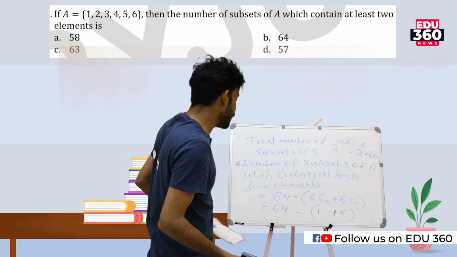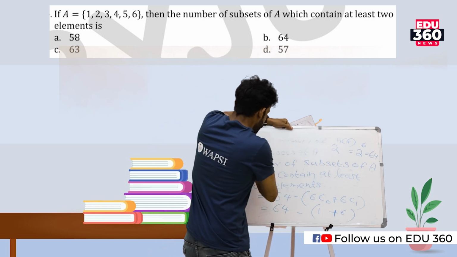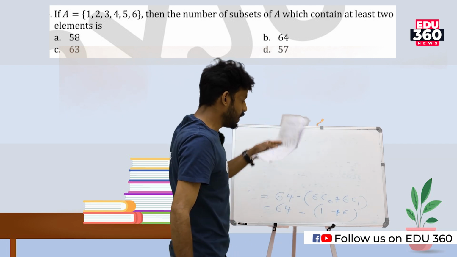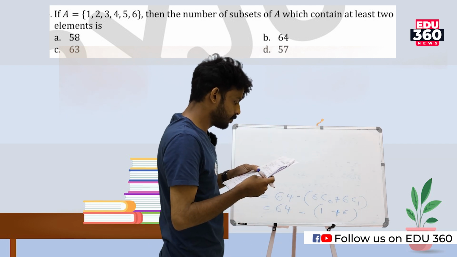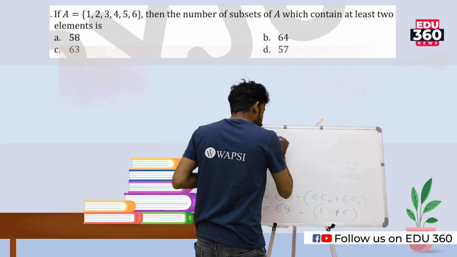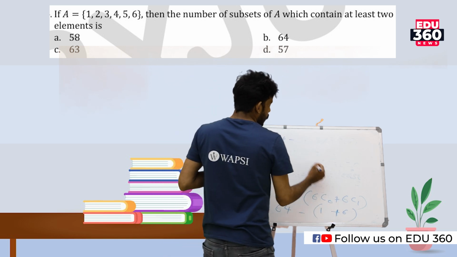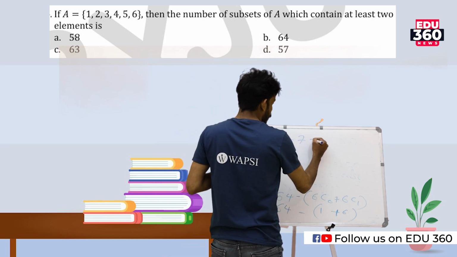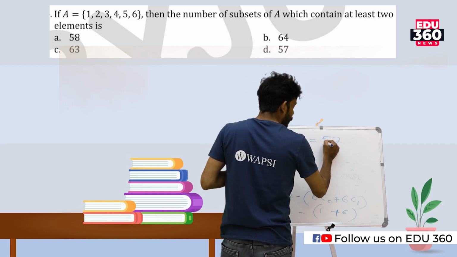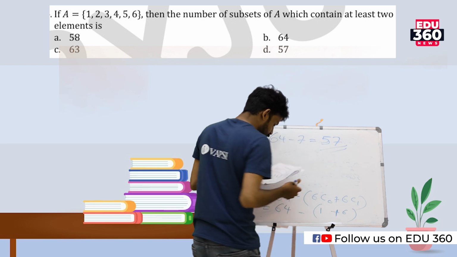So 64 minus 7. So the value is 54. So the value will be equal to 57. Okay. So 64 minus 1 plus 6, 7. So the value will be equal to 57. It's not 54. The value will be equal to 57 is the correct answer for this question.